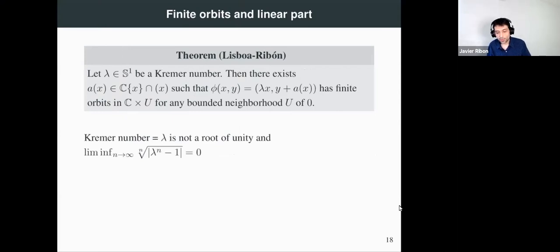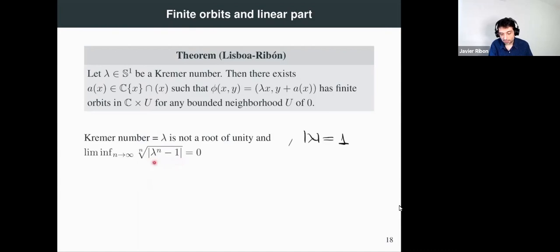So what is a Cremer number? A Cremer number is going to be lambda, which is not a root of unity and has modulus equal to 1. And besides that, it satisfies this condition, which is essentially being very, very well approximated by roots of unity. If you have a root of unity, this thing over here is, for some n, equal to 0.